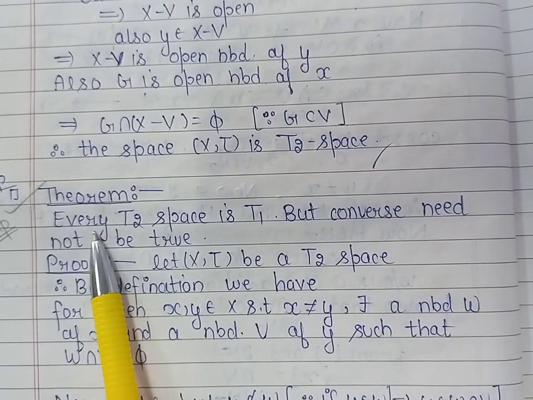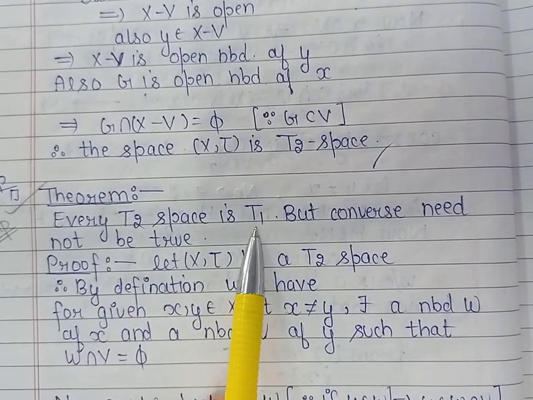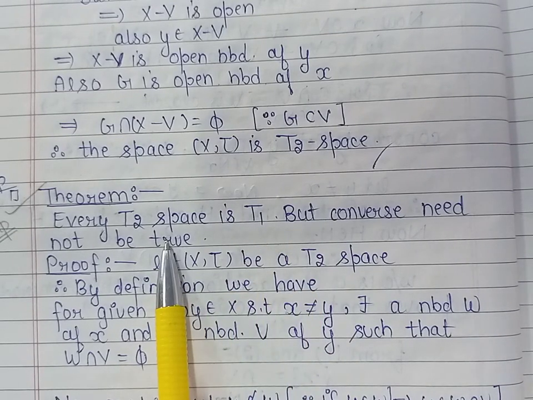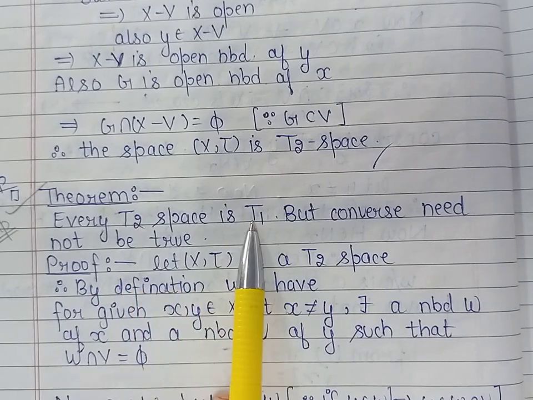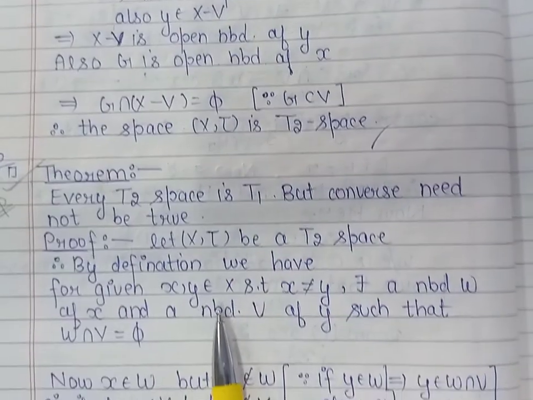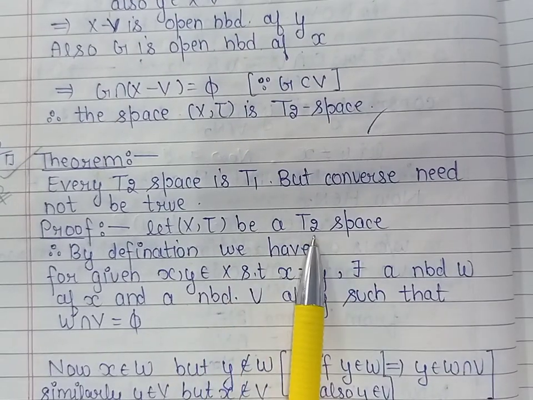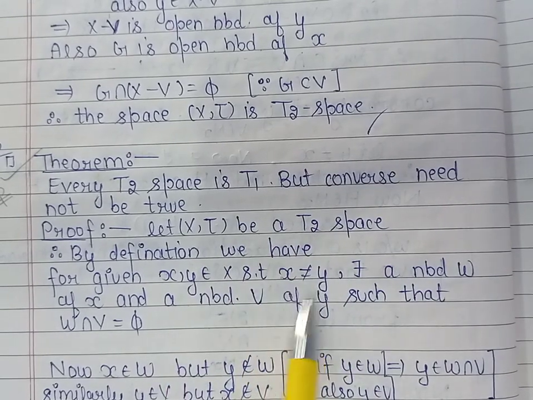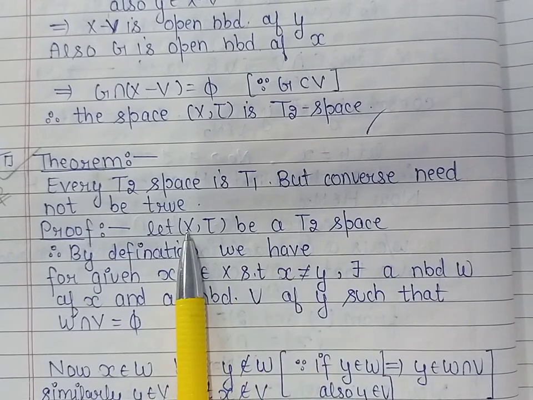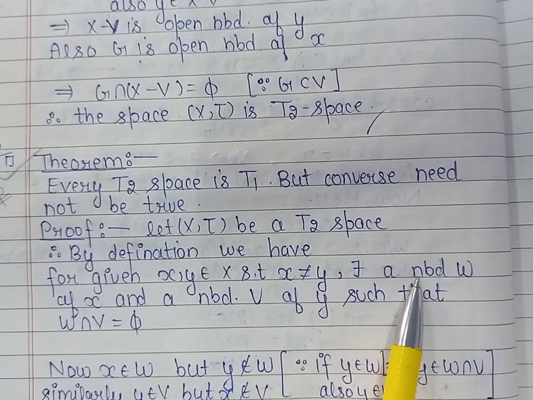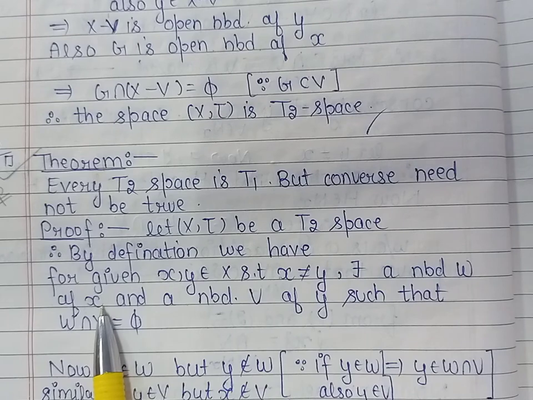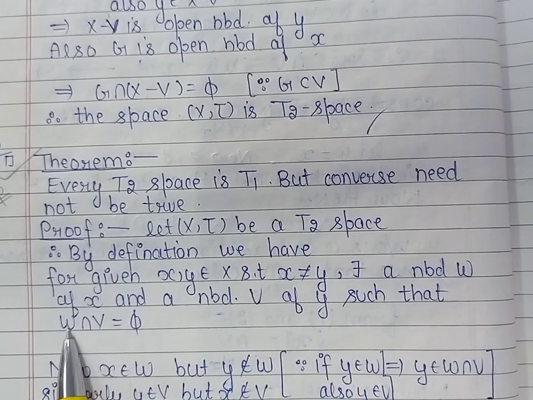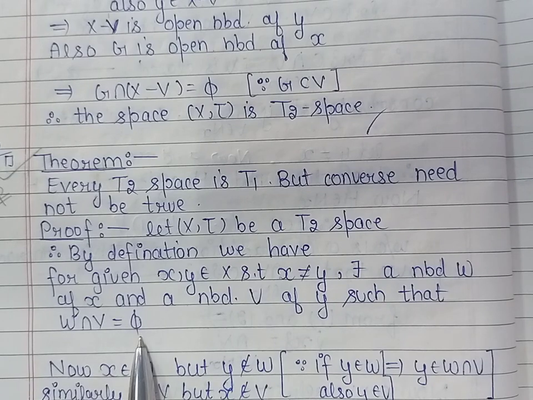Now the next theorem is: every T2 space is T1 but the converse need not be true. So firstly let us prove every T2 space is a T1 space. Let X tau be a T2 space. Now by definition of T2, for every pair of distinct points of X, there exists a neighborhood W of X and a neighborhood V of Y such that these two neighborhoods are disjoint.